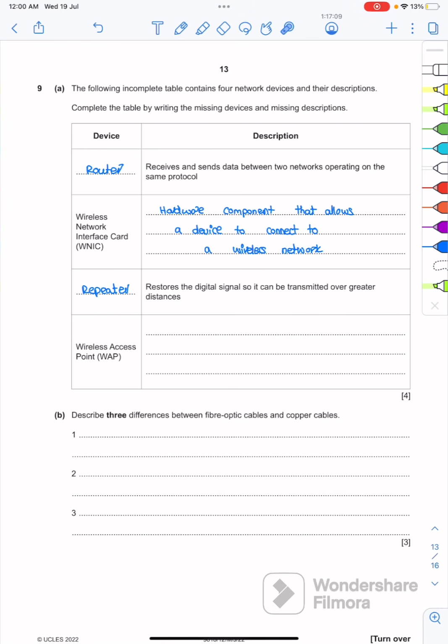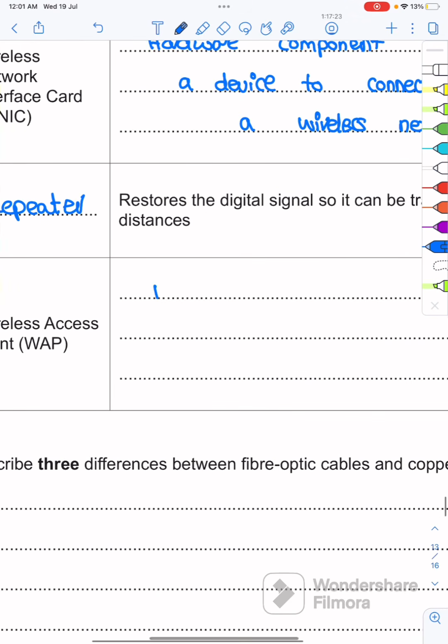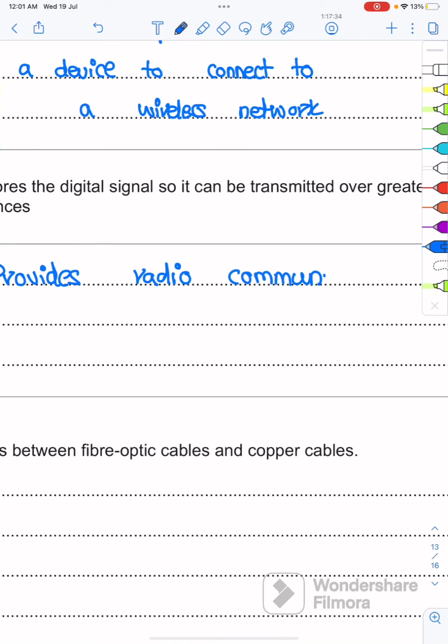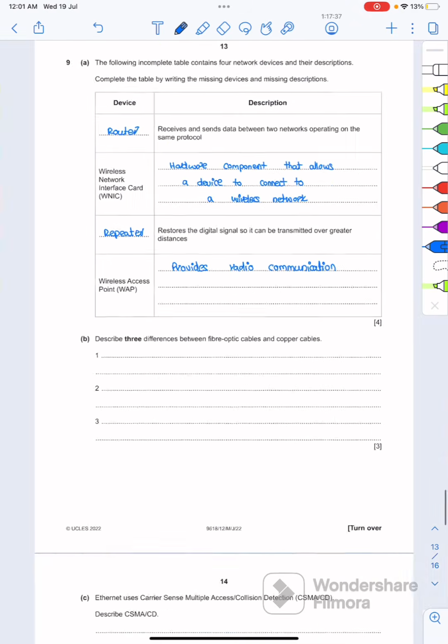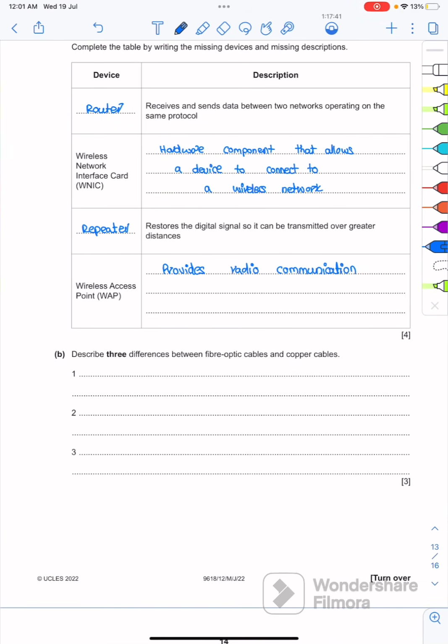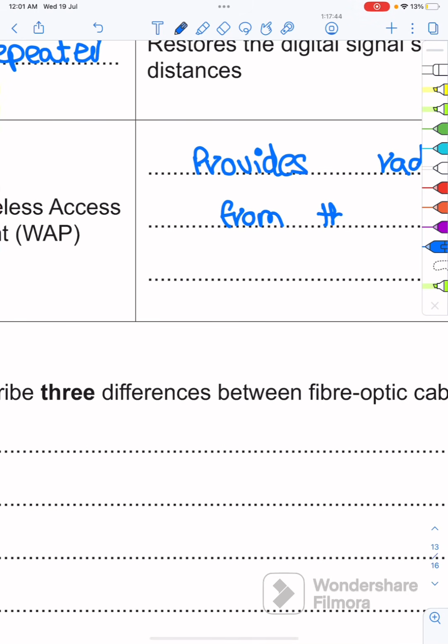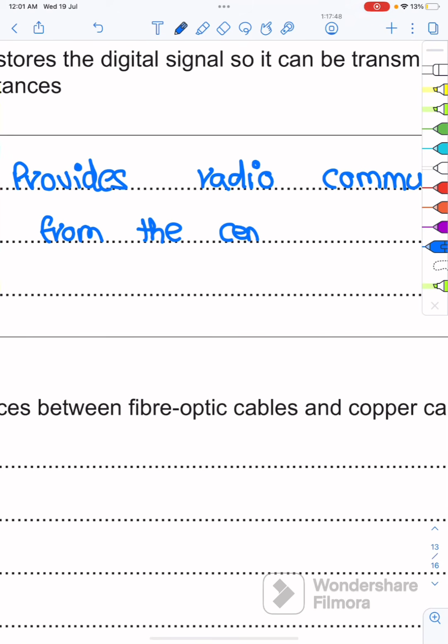So the entire purpose of a wireless access point is that it provides radio communication from the central device to the nodes on the network. It's getting quite late now.